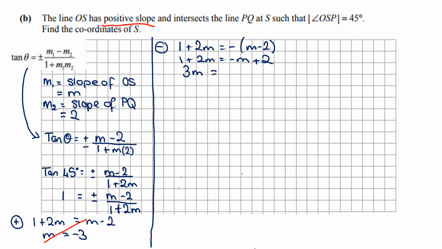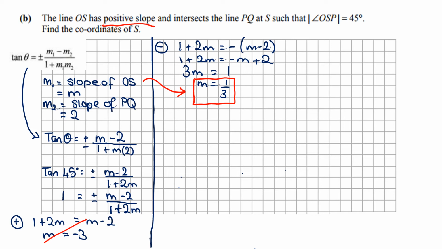So we have 2 minus 1, which is 1, so M is equal to a third, which is our positive answer, our positive slope. So we've worked out our slope, the slope of OS, M. Now, that wasn't what they wanted. They wanted us to find the coordinates of S.